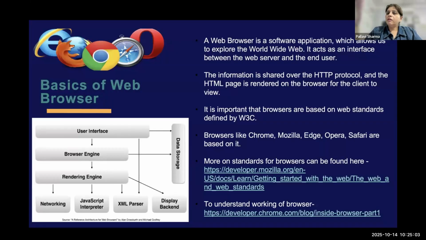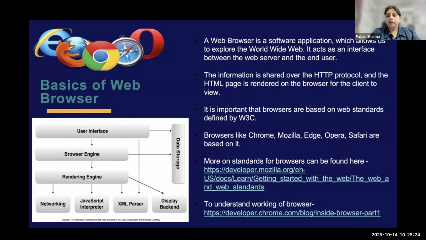A web browser is a software application which allows us to use the World Wide Web. It acts as an interface between the web server and your end user, and the information is shared over the HTTP protocol. When it receives back the HTML page, it is rendered on your browser so that you can view it.